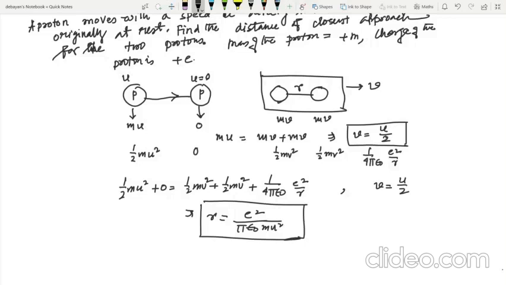So you have to consider a spherical surface whose radius is 4 meter, such that every point on the spherical surface is at 0 potential. That is the corresponding question.